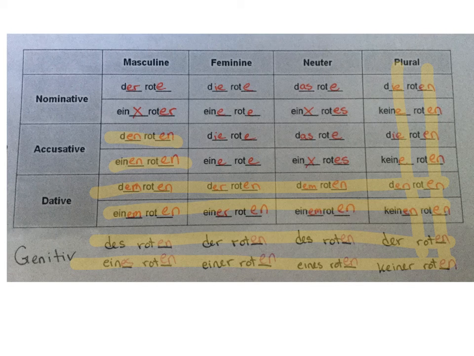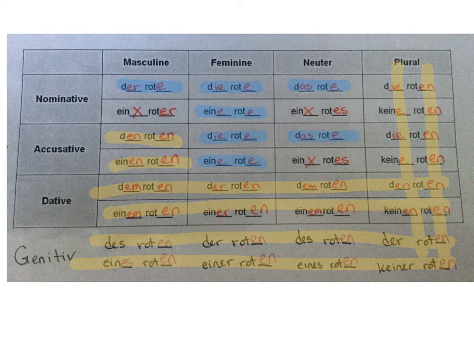The other common ending is an e. For adjectives that are preceded by der, die, or das, that are masculine, feminine, and neuter, you will have an e ending, as well as feminine nouns that are preceded by eine. Those will also have an en ending. The three that are different are if your noun is preceded by the word ein.